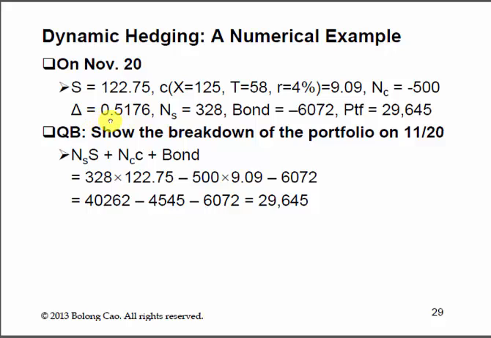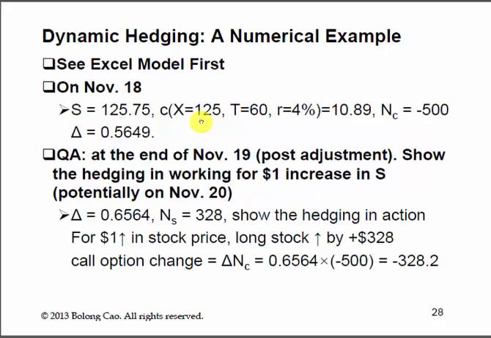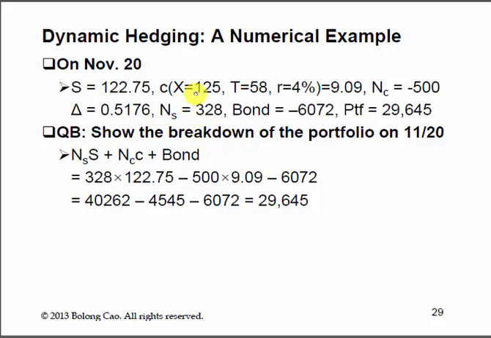Delta becomes 0.5176, and this is before the adjustment. We just talk about the number of shares, according to the November 19th new delta. So this delta determines that we still have 328 shares.